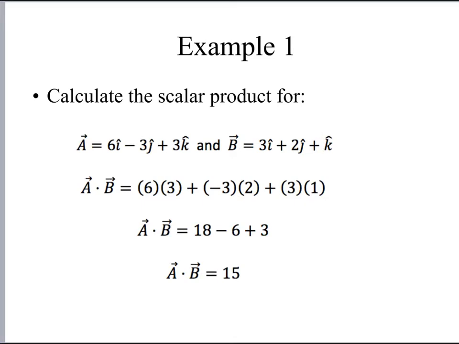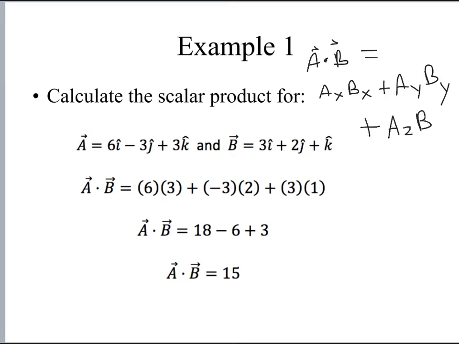Now, remember what the formula for taking the scalar product is. We said that A dot B is equal to AX BX plus AY BY plus AZ BZ.